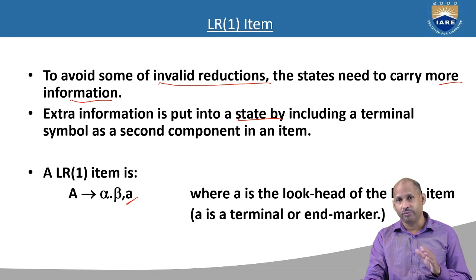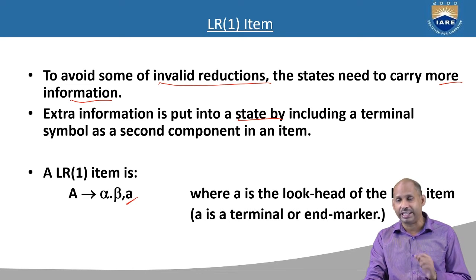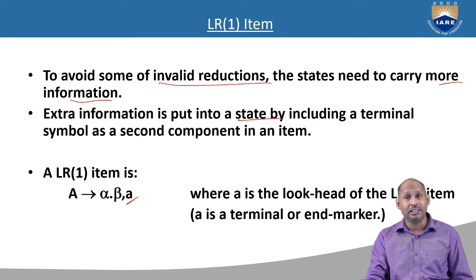To get perfect reduction of the productions, we add additional information to the state so that on that particular lookahead symbol we can perform the reduction of the production.